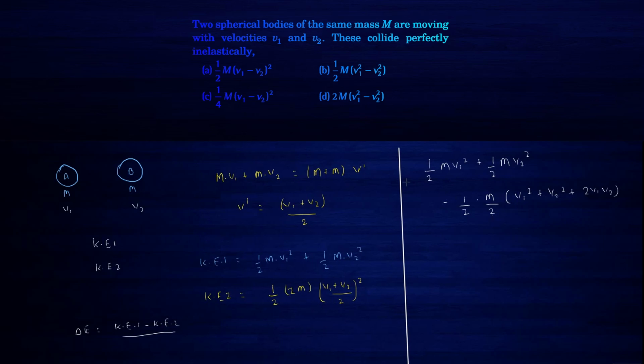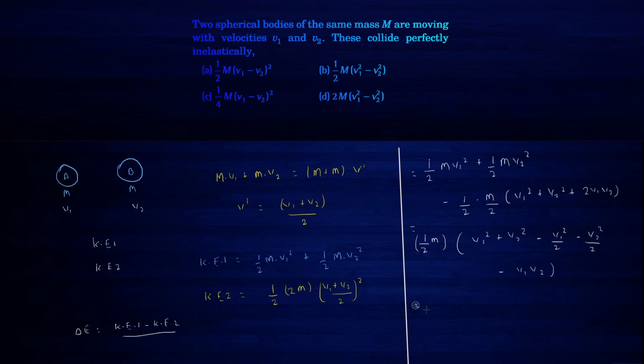So this will be m by 2, and from this we can take half m as common. Half m times (v1 square plus v2 square minus v1 square by 2 minus v2 square by 2 minus v1 v2).